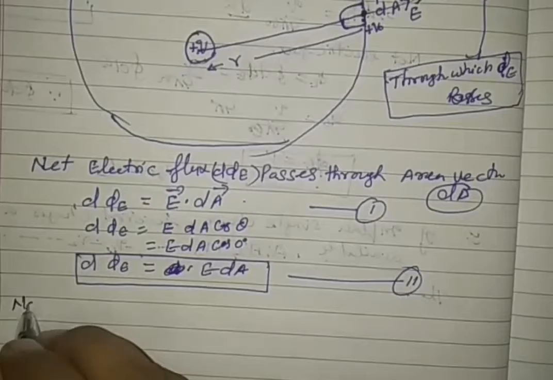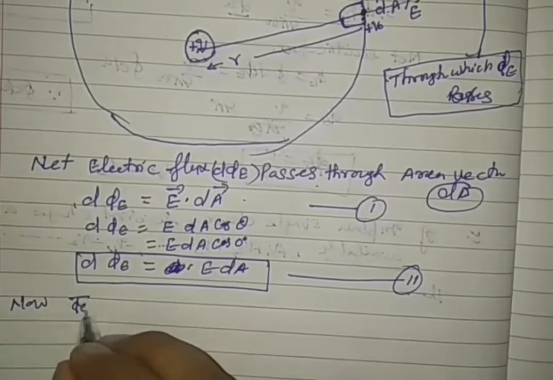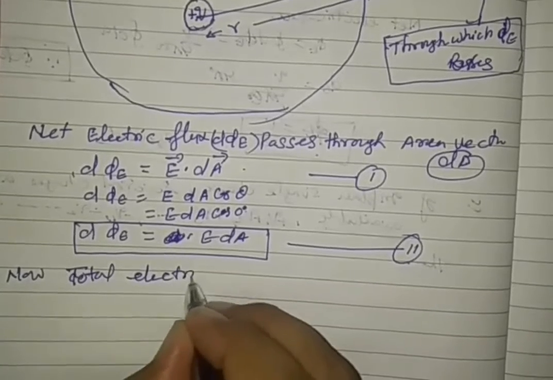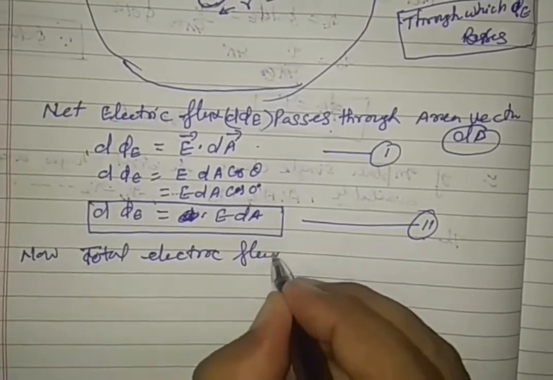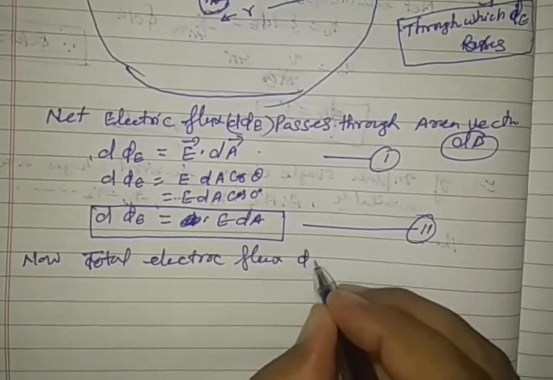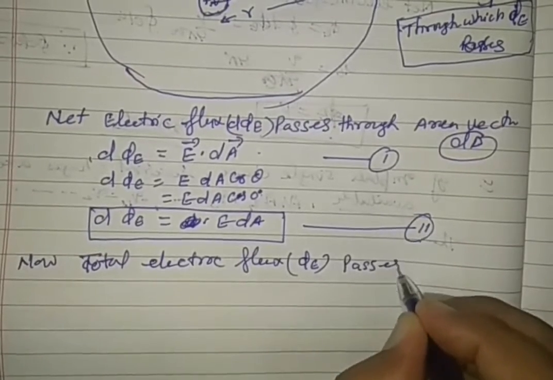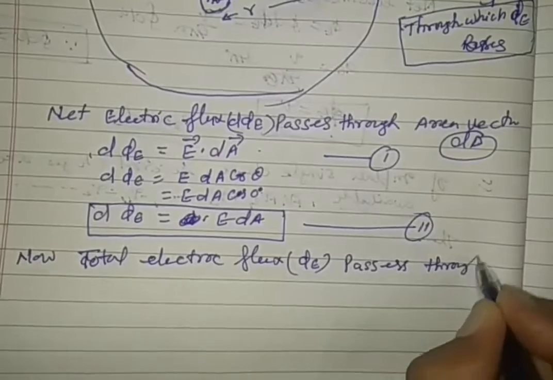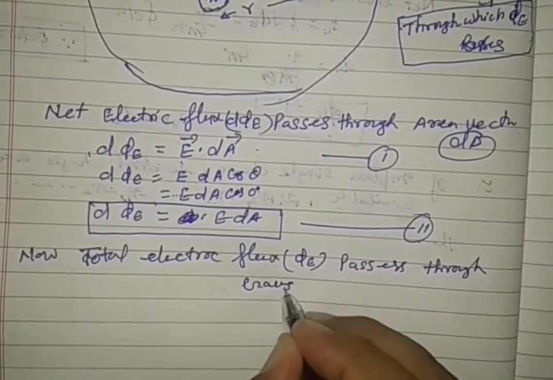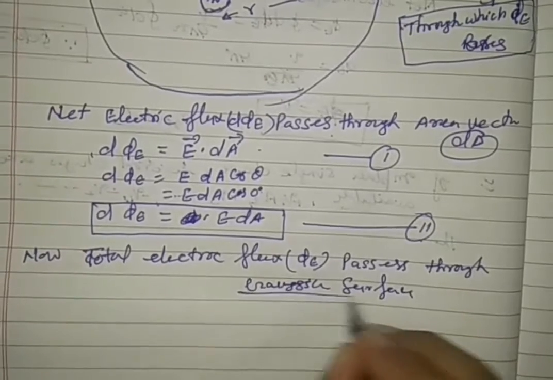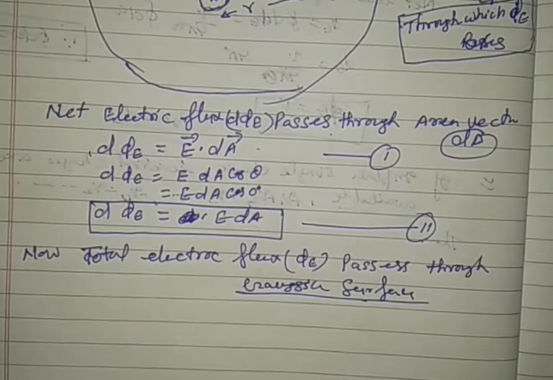Right? Now this is the net electric flux due to area vector dA. Now what is the total electric flux phi E that passes through the given Gaussian surface?